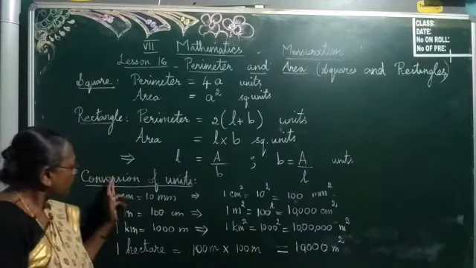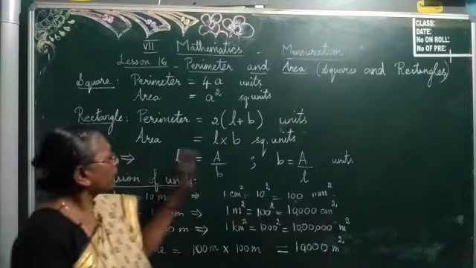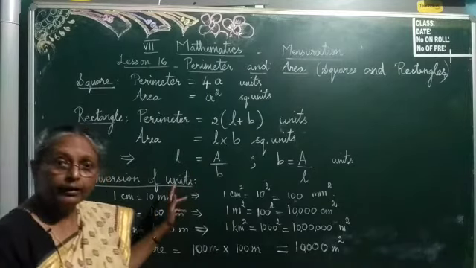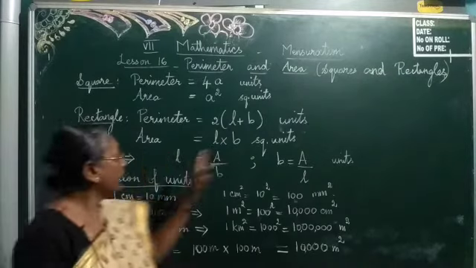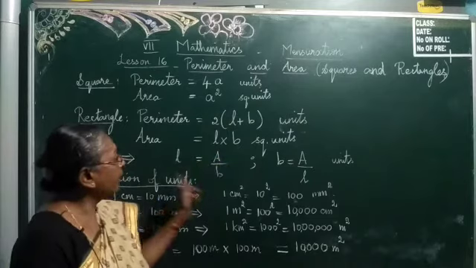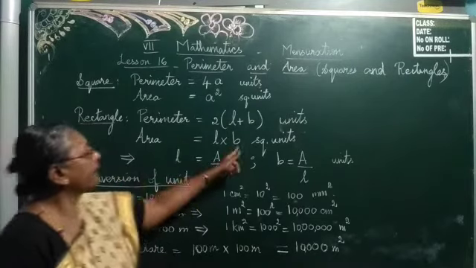Now from this we can derive two formulae. That is, if we know the area of the rectangle, we can find the length or the breadth. Suppose we know area and breadth, we can find length by using this formula, area divided by breadth.